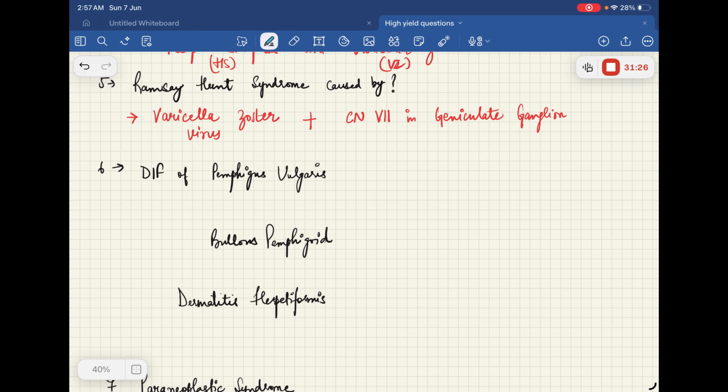Now, we discussed the immunofluorescence pattern of pemphigus vulgaris above. It was a fishnet or chicken wire pattern, right? In bullous pemphigoid, it shows a linear immunofluorescence pattern.